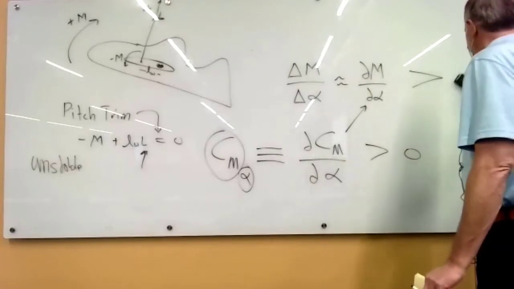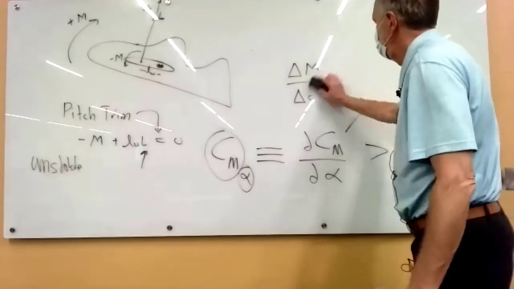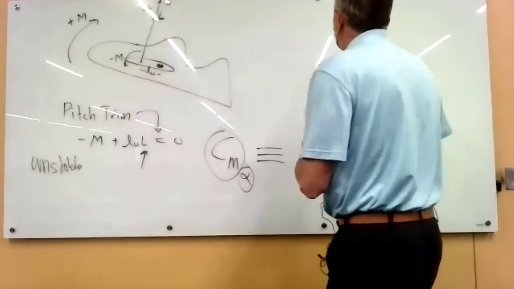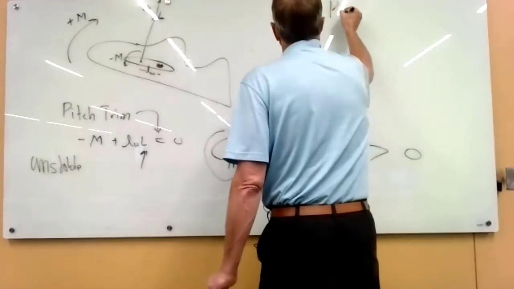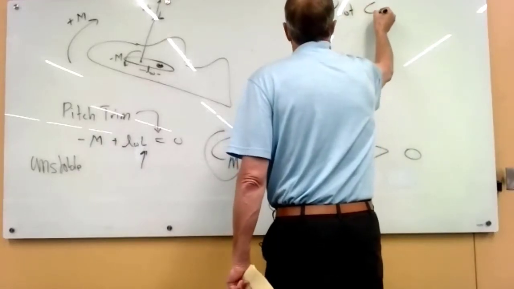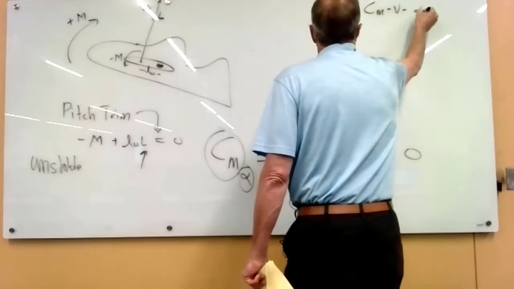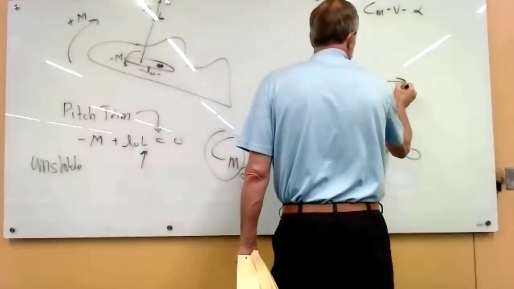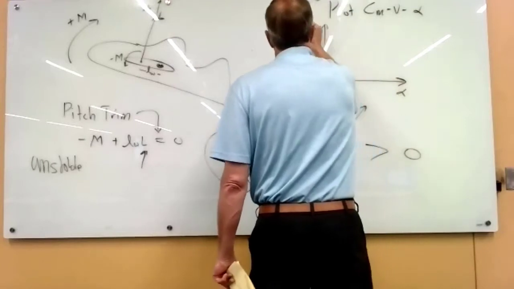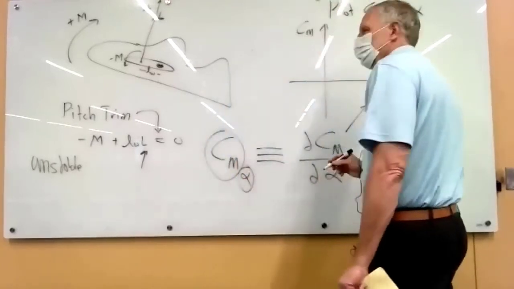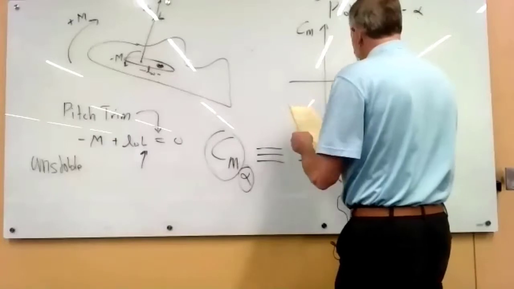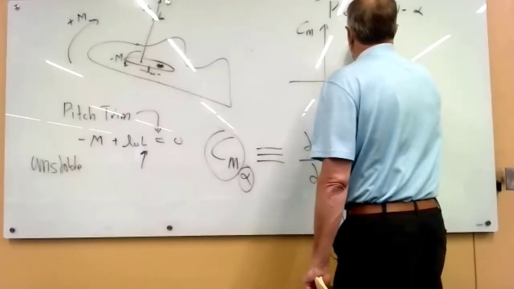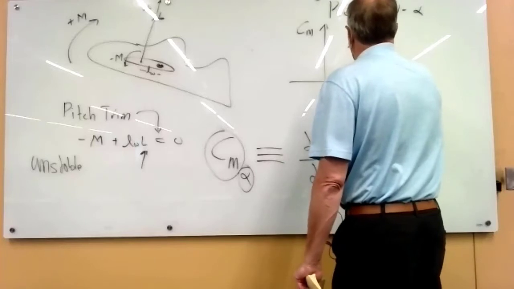And often you'll plot pitching moment versus angle of attack to look at that slope, either Cm or M. So if you plotted the pitching moment coefficient versus angle of attack, you'd see a plot that looks like this, where this is a positive slope.